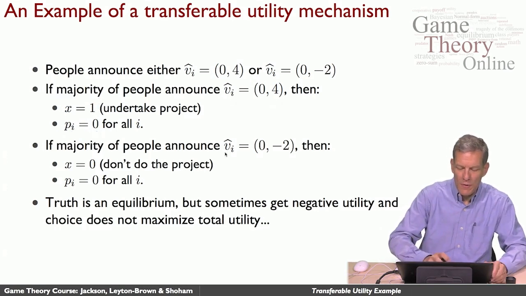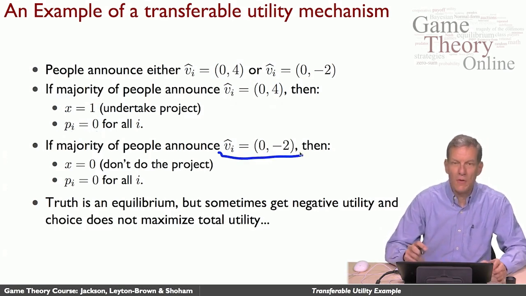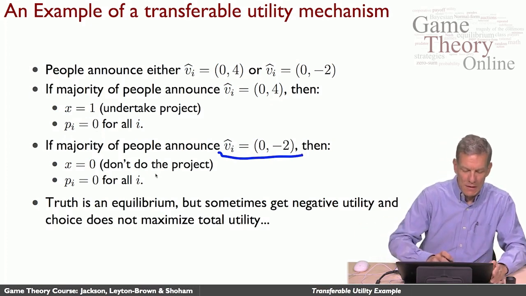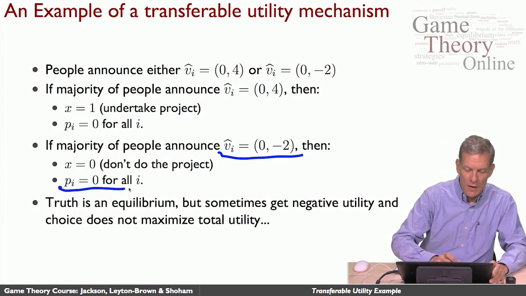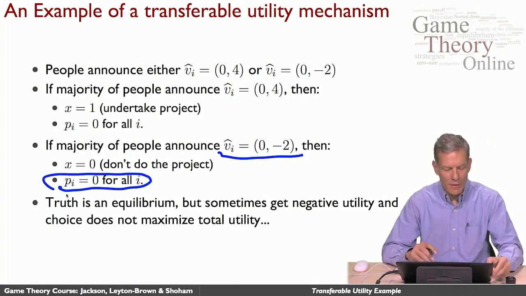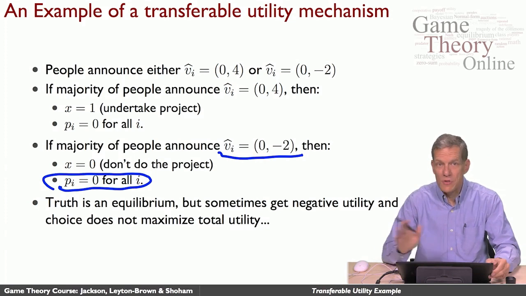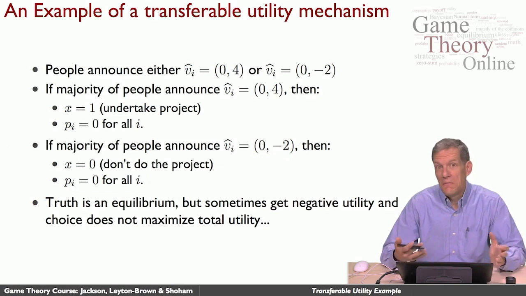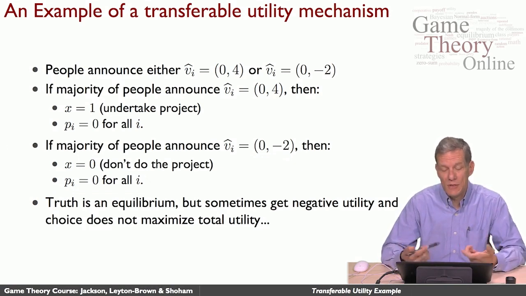In contrast, if the majority of people announce (0, -2), then we don't undertake the project, and everybody ends up, again, with a payment of 0. So this is a simple example, just a straight majority vote over the project.